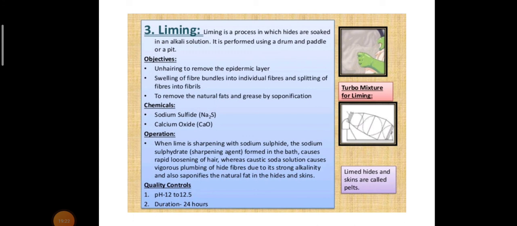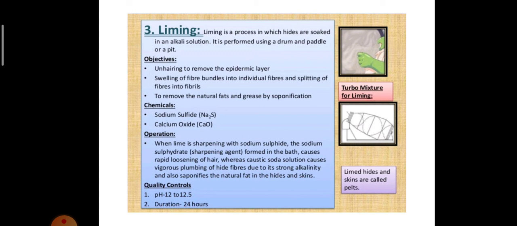Now the process when liming is sharpening with sodium sulfide. The sodium sulfide sharpening agent formed in the bath causes rapid loosening of hair.